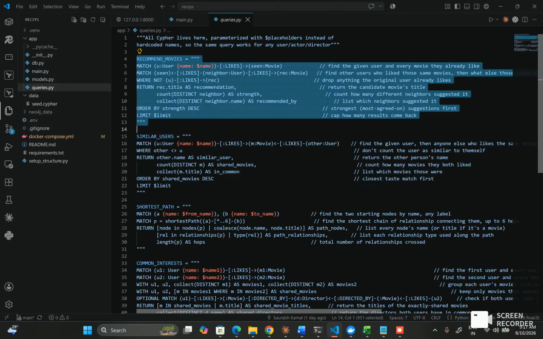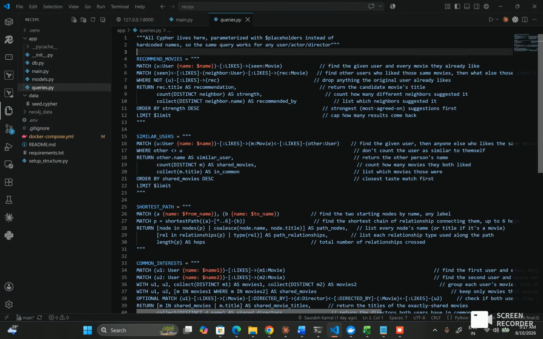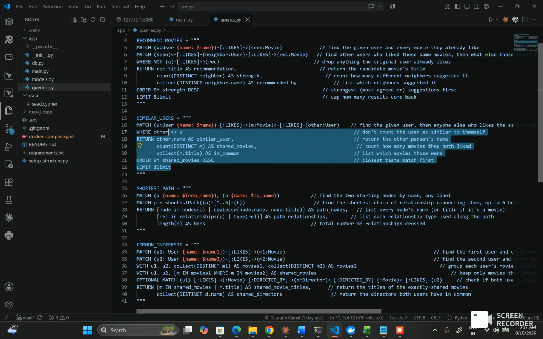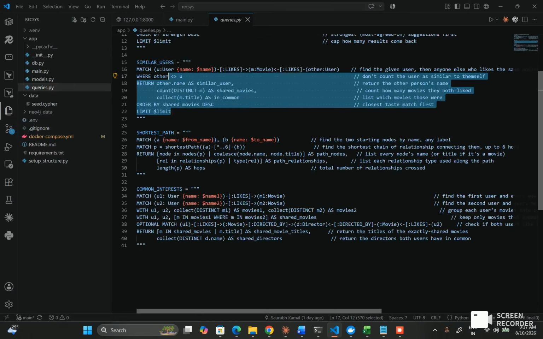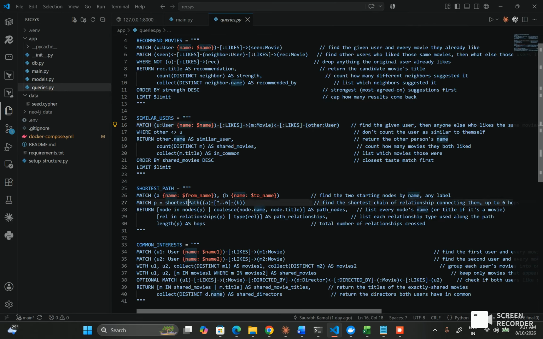Now this is the exact same query, but over here Arav becomes a placeholder, by dollar sign, filled in by whoever calls that API. Is it Arav or anyone else, or me or you? And same goes for others too, such as similar users, shortest path, common interests.